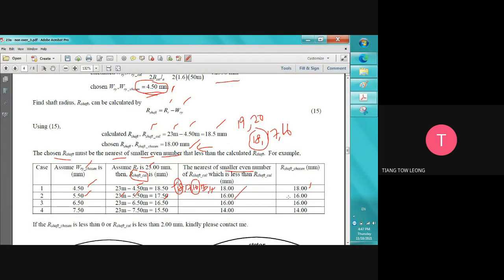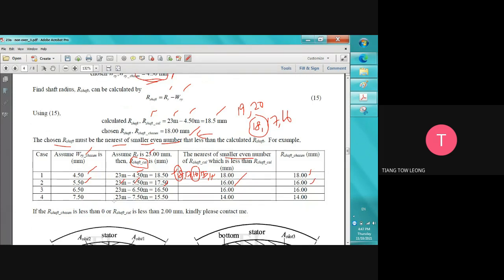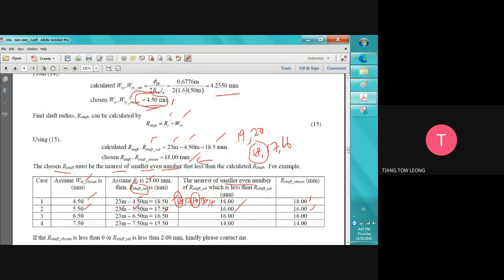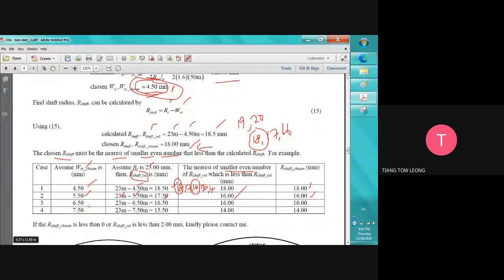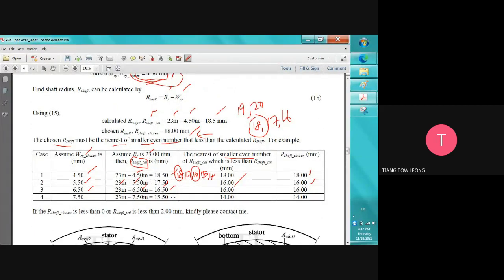So we choose 16. Let's say our calculated value here is 6.5. Then we use 23 minus 6.5, we have 16.5. The nearest smaller values are 16, 15, 14, and so on. So the nearest one is 16.